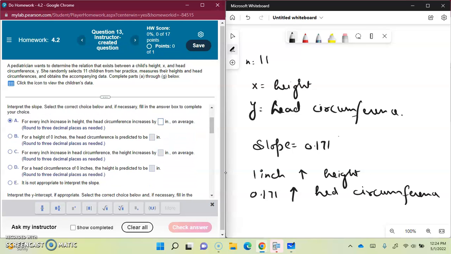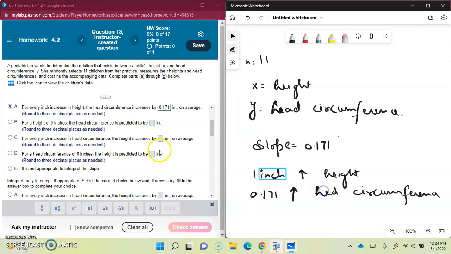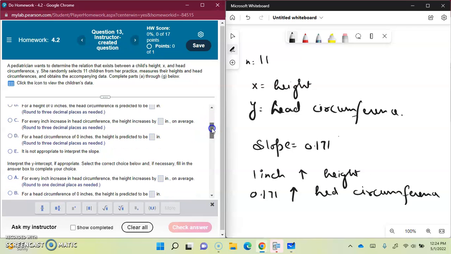For every inch increase in height, the head circumference will increase by 0.171 in on average. Let's read the other options. For height 0 inches, head circumference is this. That's not what it means, that's for the y-intercept. For every inch increase in head circumference, no. The x variable is height. For a head circumference of 0 inches, no. So A is the correct option.